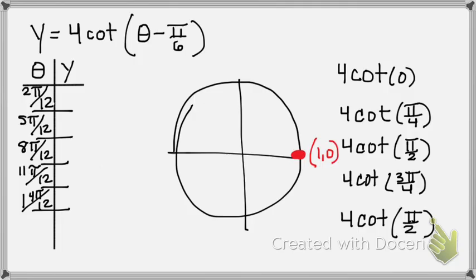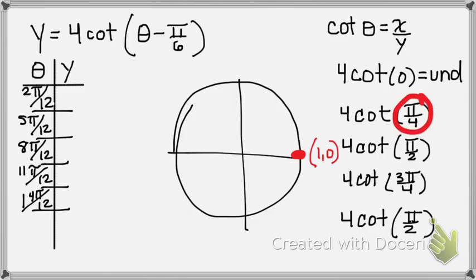Cotangent is x over y. So the cotangent of theta is equal to x over y. So looking at that, if I put the x over the y, what do I get? I get 1 over 0, which is undefined. So this is undefined because the cotangent of 0 is undefined.